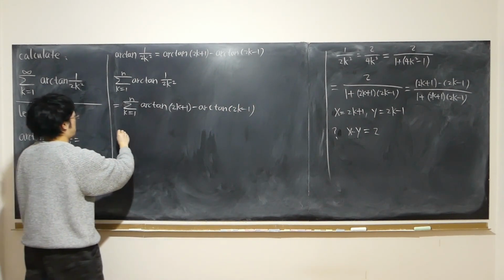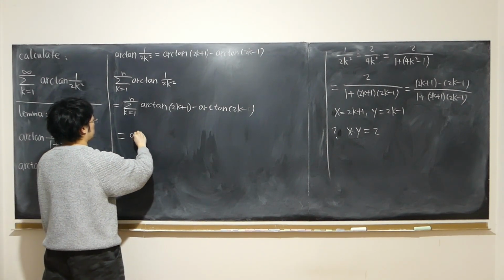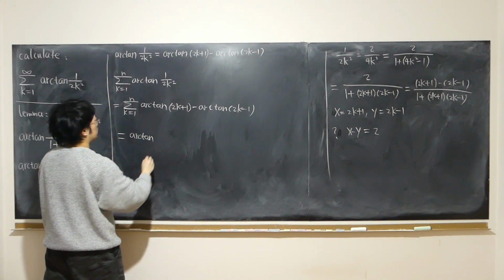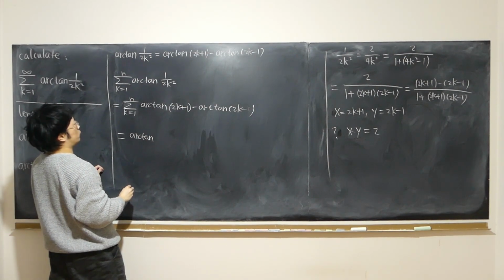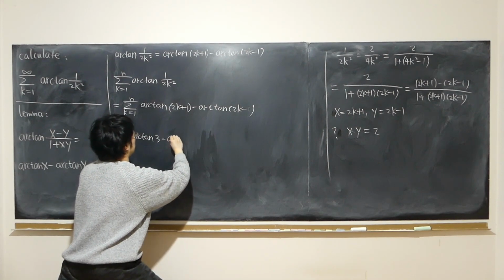In other words, for k equals 1, I have arctangent of 3 minus arctangent of 1.